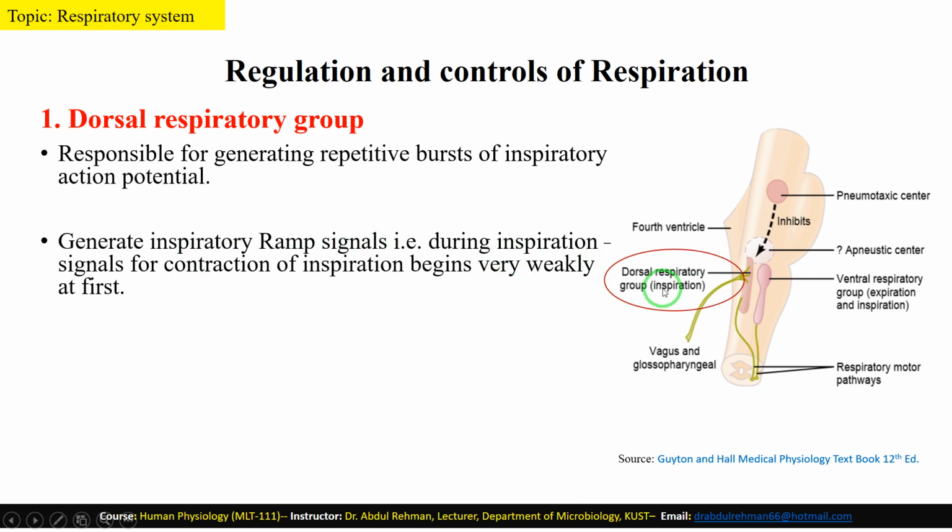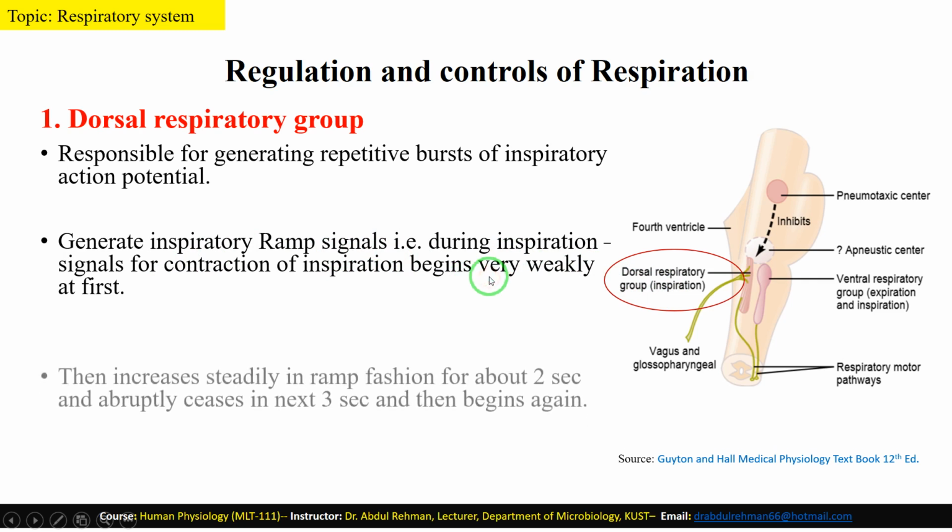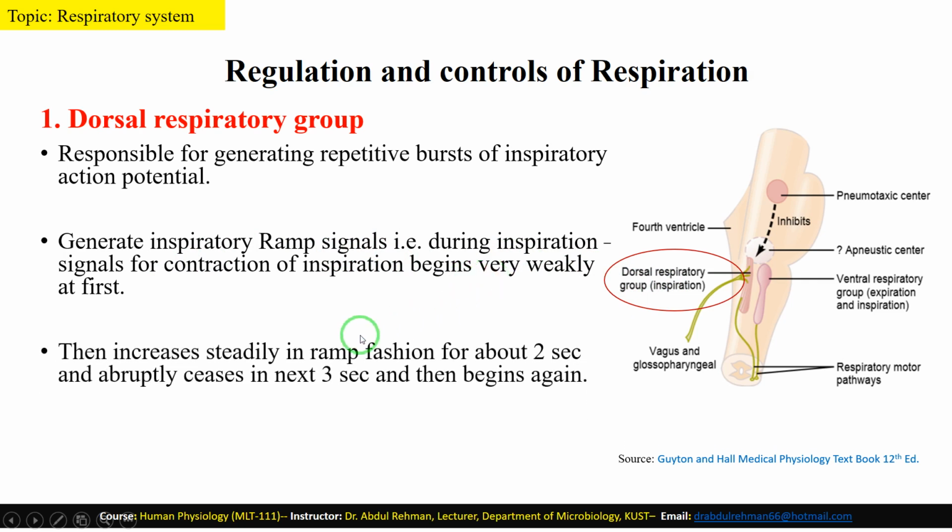During respiration, the magnitude of the ramp signal is very weak, but it increases with time for about 2 seconds and then abruptly ceases in the next 3 seconds and begins again. In this way, they maintain the contraction of the lung muscles, and as a result, the inspiration process continues in a regular fashion.